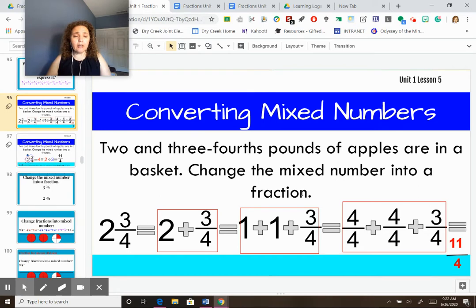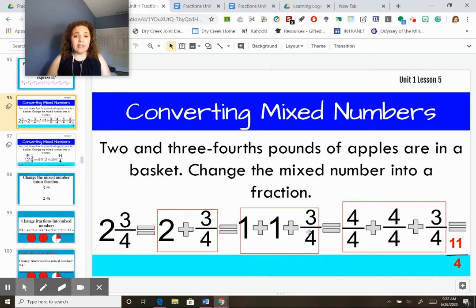So one way to look at this is to break it down into its parts. I have 2 plus 3/4, right? I have 2 and 3/4. That can be broken down. This 2 can be broken down into a 1 and a 1. A 1 plus 1 makes my 2, and I still have my 3/4.